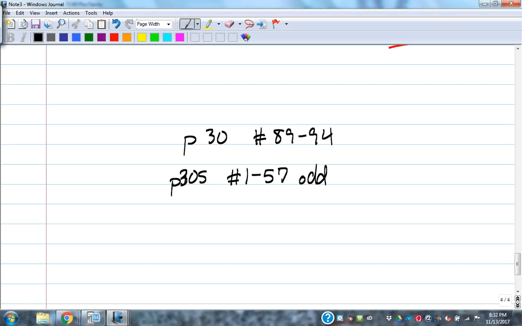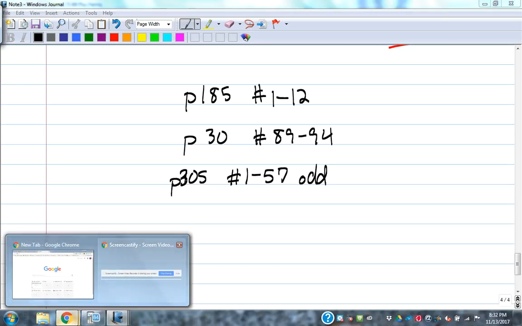And then the first section about circles, page 185, 1 through 12. There's not a whole lot on those. So you could look at those problems and get an idea of what to be prepared for as far as the Canvas quiz coming up.